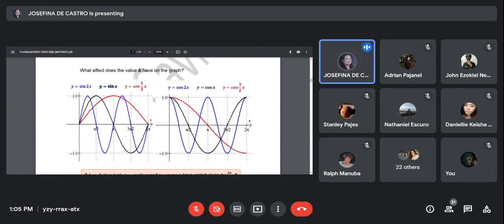Kasi pag nakita mo yan sa ating basic curve na y is equal to sine x. So from the basic, i-analyze mo, ito ang basic natin, yung kulay black. Ano ang nangyari kay kulay blue? Yan. And then, kumpara mo ngayon kung ano yung pagkakaiba sa equation nila.